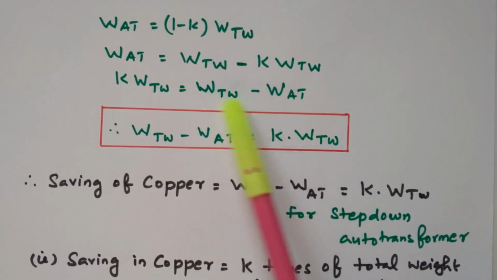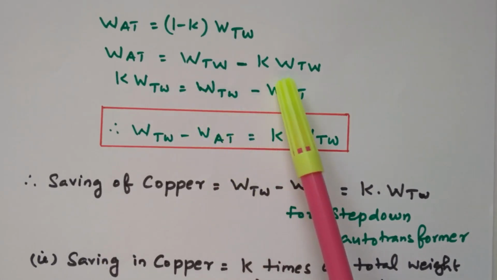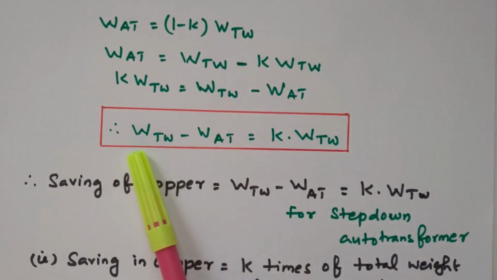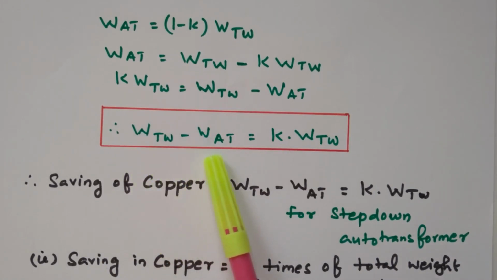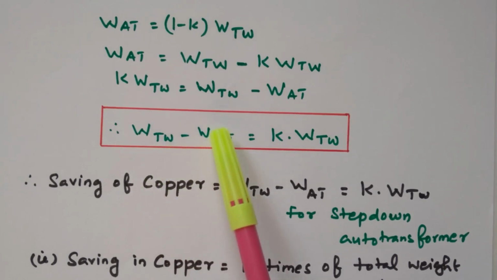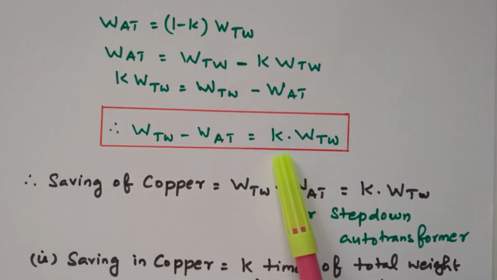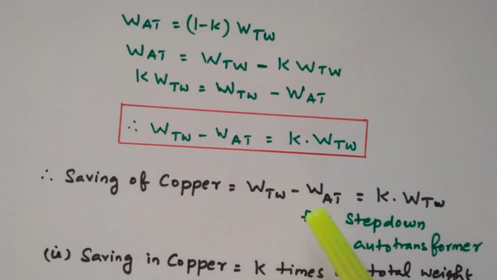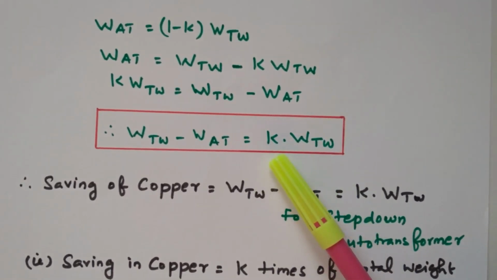This is the difference between the two winding transformer and the auto transformer. So, WTW minus WAT, the difference in weight between the two winding transformer and the auto transformer, is K times WTW. K is nothing but the transformation ratio.